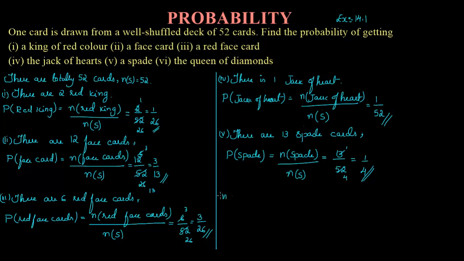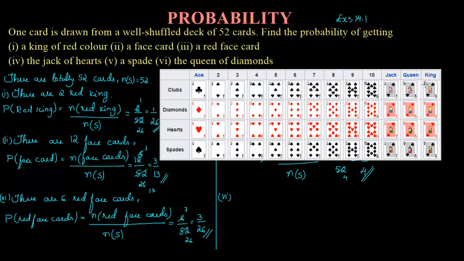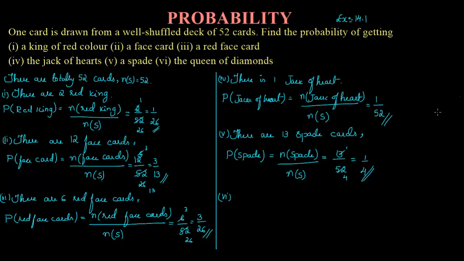Now, the sixth part of this question, they have asked you to find the probability of the queen of diamond. So you need to come to the queen column. Queen of diamond they have said. So this one. How many are there? Queen of diamond, only one, right? So there is one queen of diamond, right?